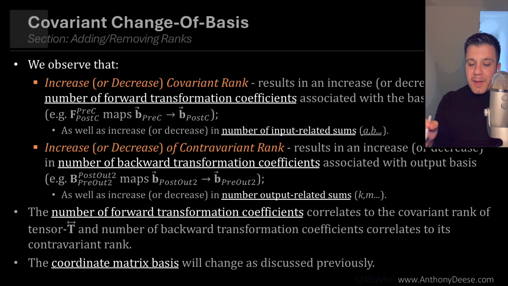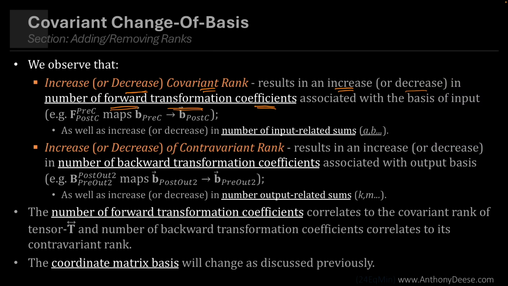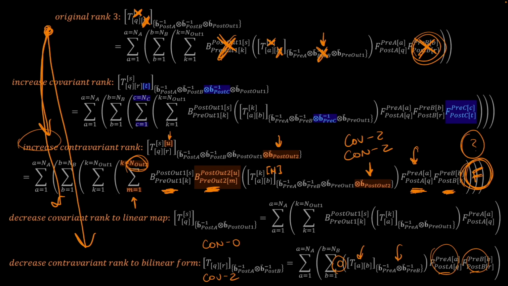So we observed from that previous slide that an increase or decrease in covariant rank results in an increase or decrease in the number of forward transform coefficients associated with the basis input. Now, why do I call this a coefficient? Because this is a summation-based form, and so this is really not an entire matrix. This is just a single value from that.